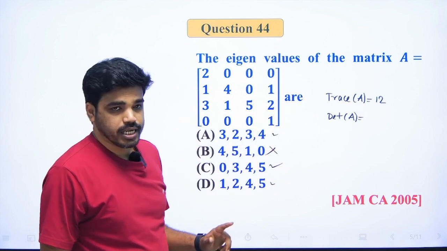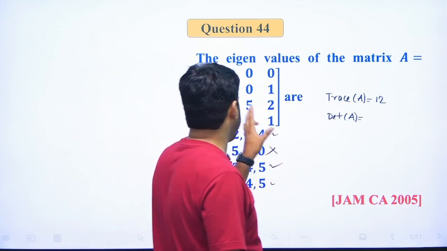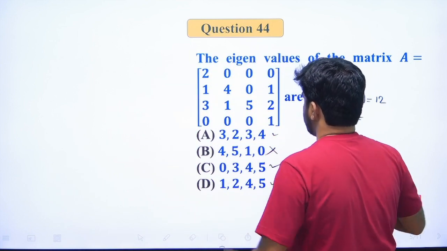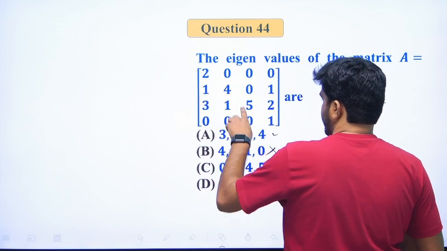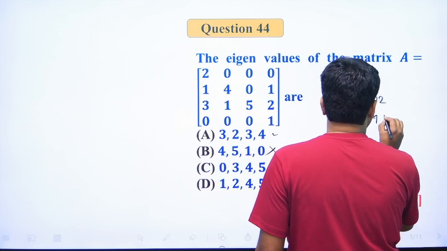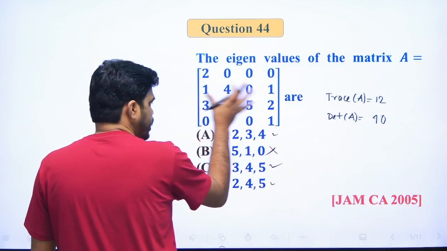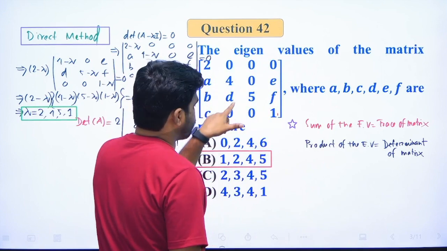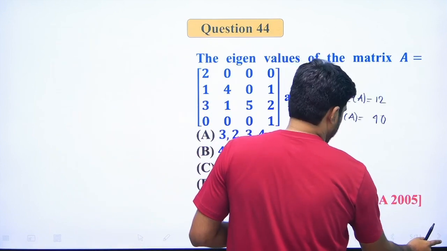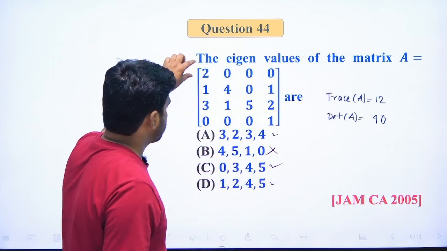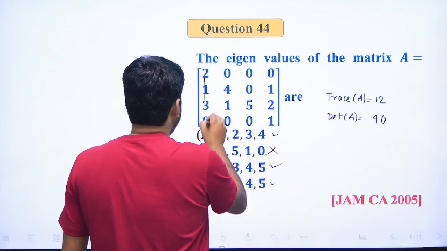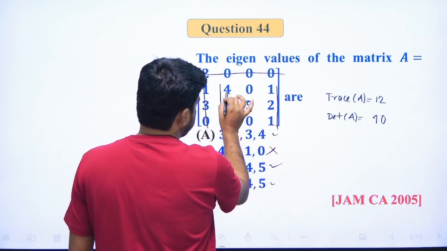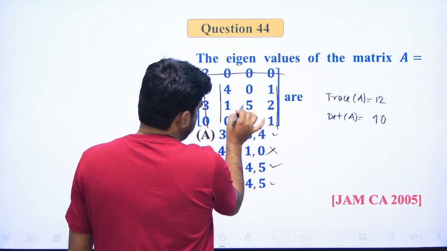Now the second condition, that is determinant A is equal to the product of the eigenvalues. So if we calculate determinant A, the determinant will be 2 into 4. So what do we get? 4 into 2 is 8, that is 40, right? See, this problem is the same as the one we just discussed, with options EF ABC given, okay? Same concept, same problem. If we calculate this determinant with respect to 2, what do you get? That is 2 into the determinant of this. The determinant of this is 20, right?